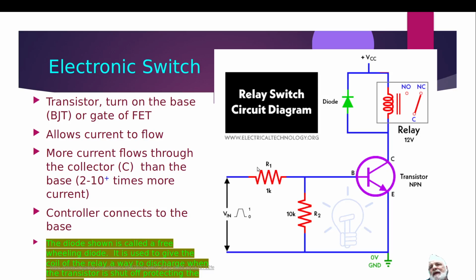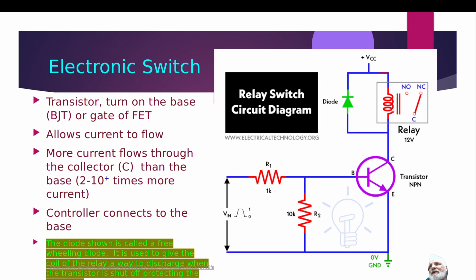So we need this 1K resistor to take up the rest of that voltage, the difference between the 3.3 and the 0.7 volts. This little circuit will turn on this transistor, and then this transistor can feed a lot of current through the relay to activate the relay.